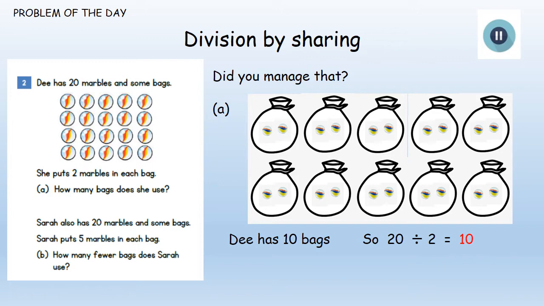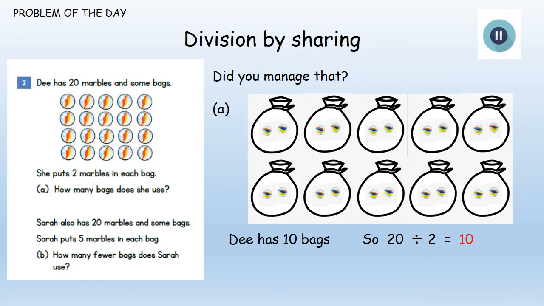Right, let's have a look, shall we? So for the first part of the problem, it tells you that D has 20 marbles and some bags. We're going to divide these marbles up by sharing them out. She puts 2 marbles into each bag. So how many bags does she use? So, did you do some jottings?